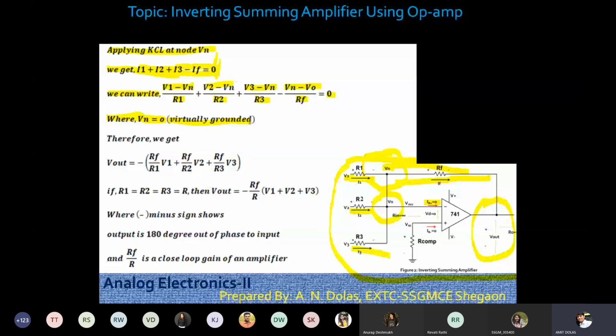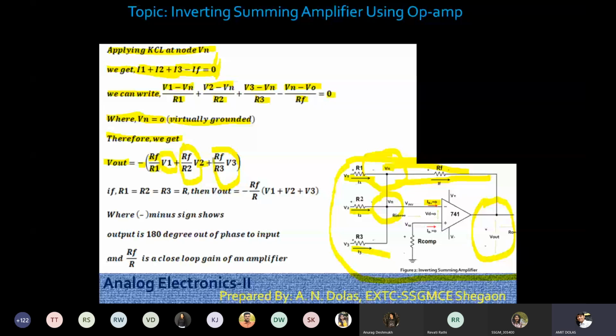So therefore, solving this, I get Vout equal to minus of, in bracket, RF upon R1 into V1, where RF upon R1 is the scaling factor for source V1, plus RF upon R2 into V2, where RF upon R2 is the scaling factor for source V2, plus RF by R3 into V3, where RF by R3 is the scaling factor for V3.